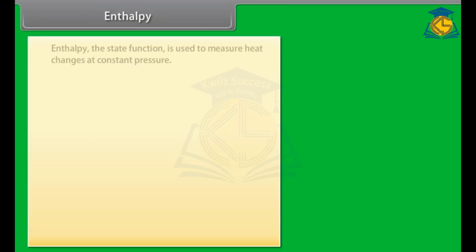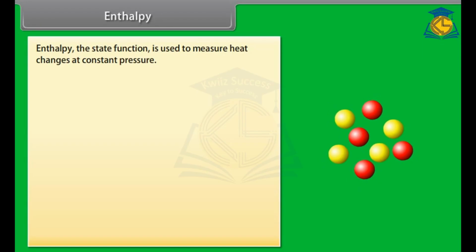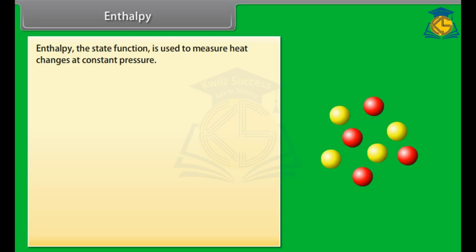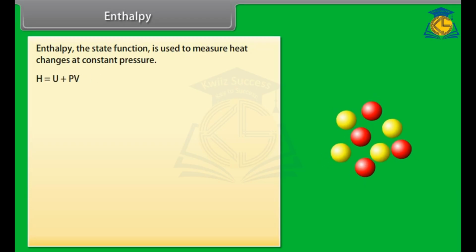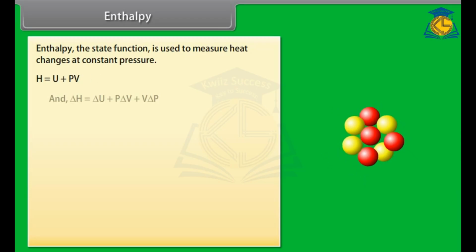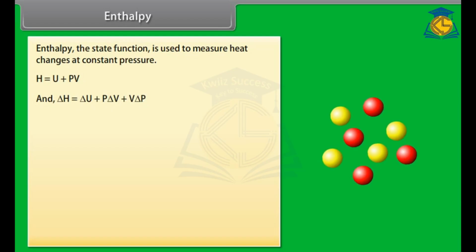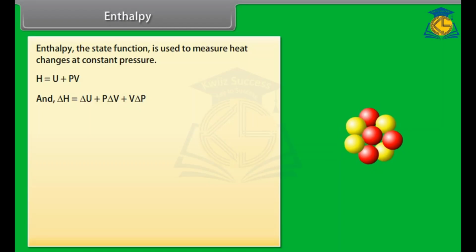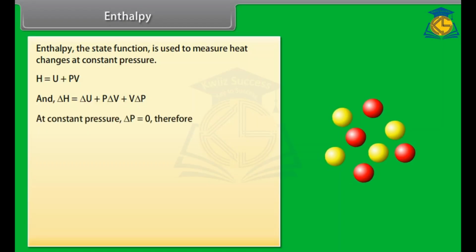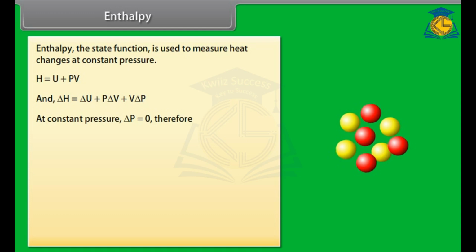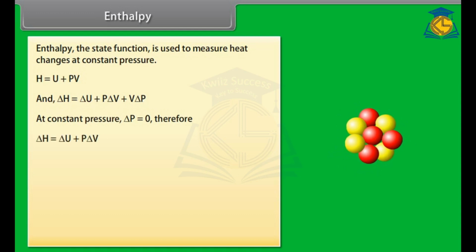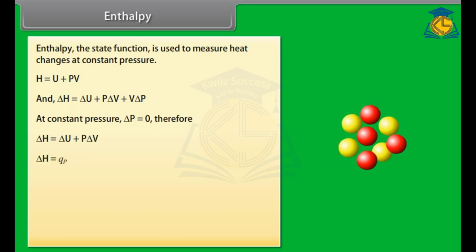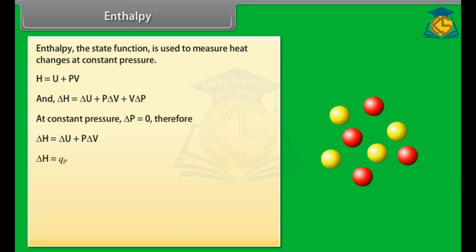Enthalpy. Enthalpy, a state function, is used to measure heat changes at constant pressure. H equals U plus PV, and delta H equals delta U plus P delta V plus V delta P. At constant pressure, delta P equals 0, therefore delta H equals delta U plus P delta V. This equation can be written as delta H equals QP.